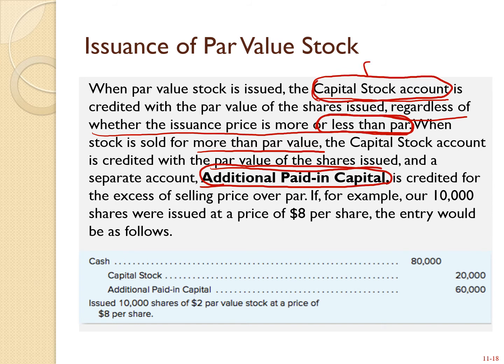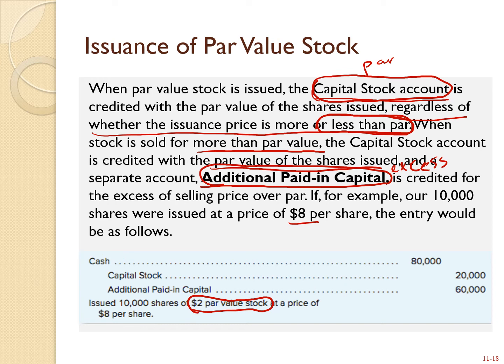One is based on par and one is based on the excess above par. Now, for example, our 10,000 shares were issued at a price of $8 per share, and the given says that the par value of the stock is $2.